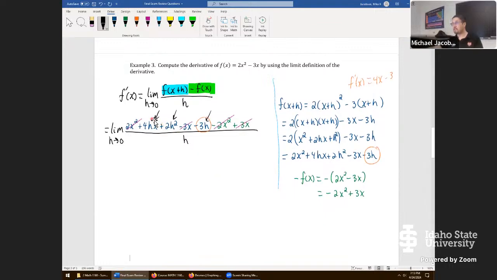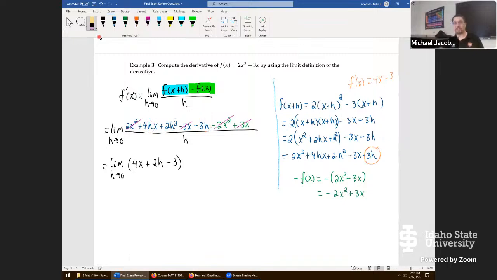If this makes sense, you could say that this is now equal to the limit as h goes to 0 of 4x plus 2h minus 3. So the idea here is you take this h and divide it here, it's just gone. But now you have to divide it here, that drops the power by 1. And you have to divide into here. You're dividing into every term that's still left over. And that one turned into a negative 3.